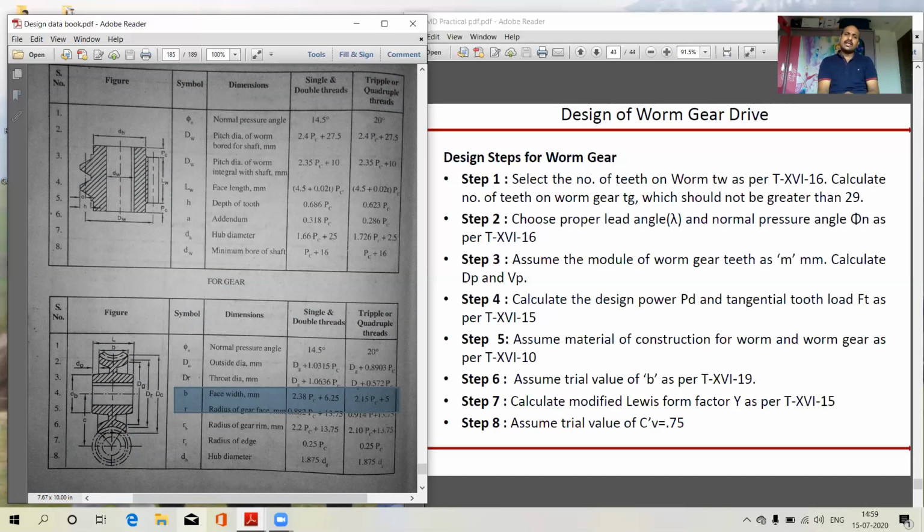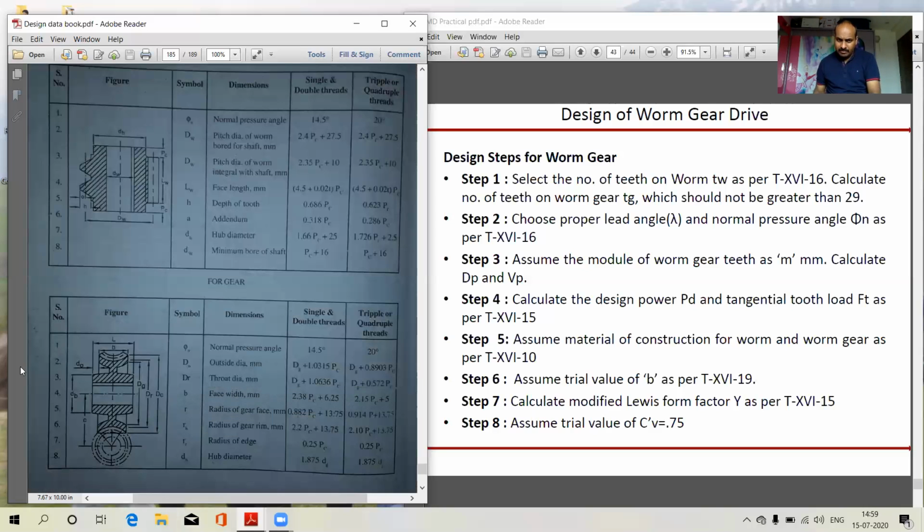According to the data given in a numerical or university problem, you can know whether you are going to design a single start thread, double start thread, or triple or quadruple. If you have to calculate it with the double start thread, then you must go with 2.38 PC plus 6.25. That means B, the face width of the gear, is also in the form of PC.